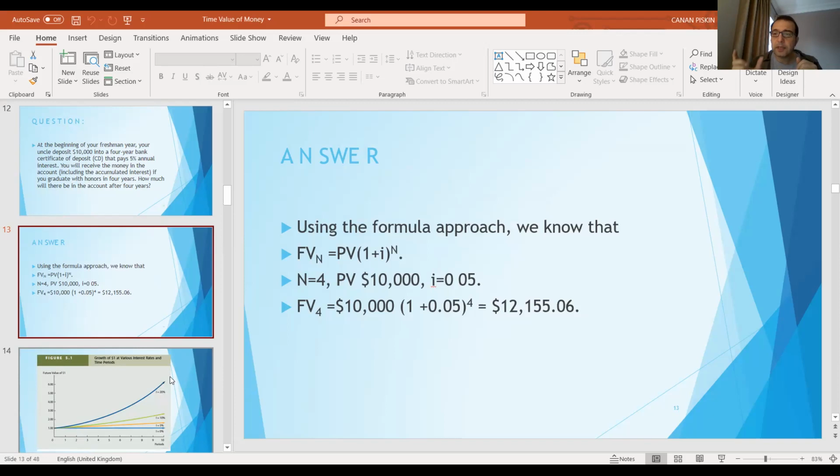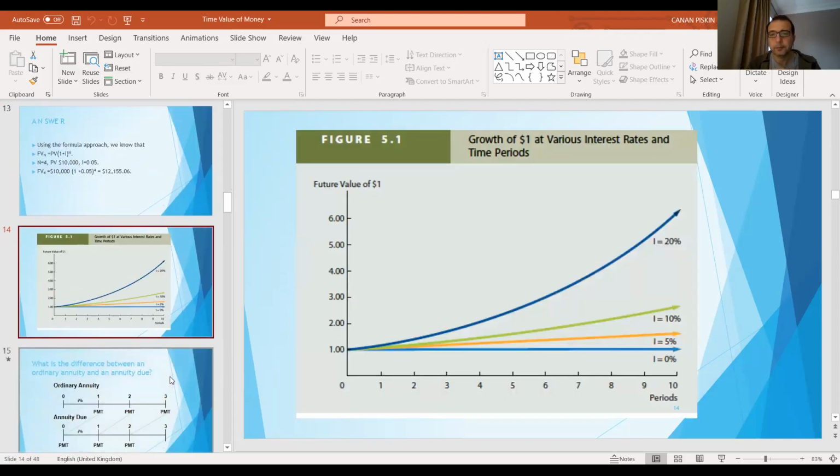If you decrease the compounding periods, then you will get more, right? So here is the growth of $1 at various interest rates over a 10-year period. If the interest rate is 0, then 10 years later it's again $1.